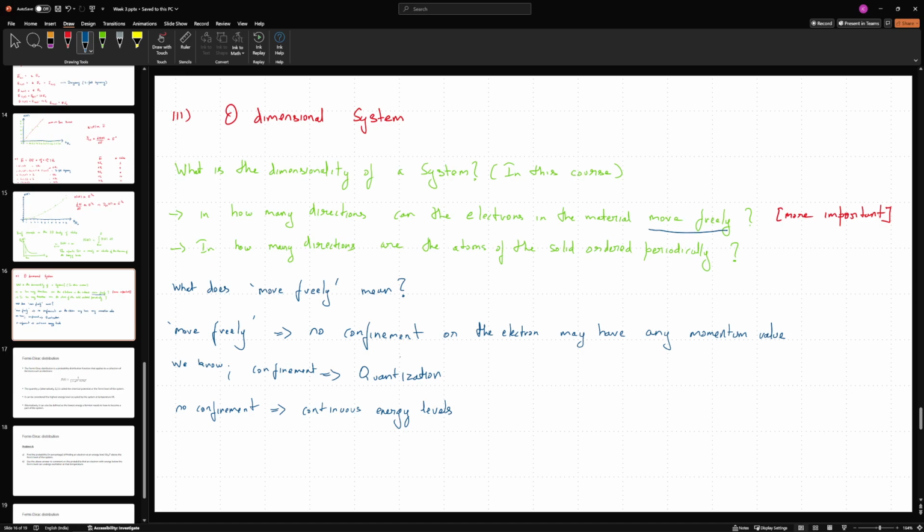Essentially, when there is no confinement, in an infinite well, a tending to infinity implies that pi by a, which sets the spacing of the allowed k values, and we know that k relates to the momentum, tends to 0, which implies momentum values are continuous.